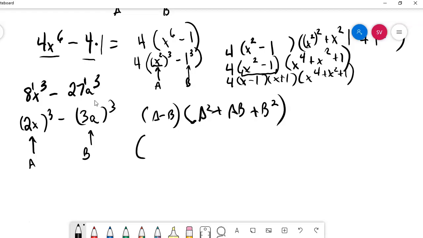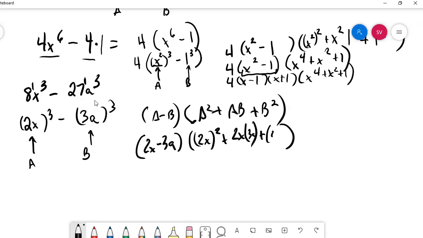So wherever I see a, I'm putting in 2x. And wherever I see b, I'm putting in 3a. So now to clean this problem up a little bit, it's 2x minus 3a times, remember the 2 has to get distributed to everything that has an exponent or an assumed exponent.